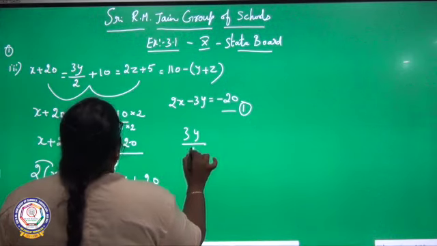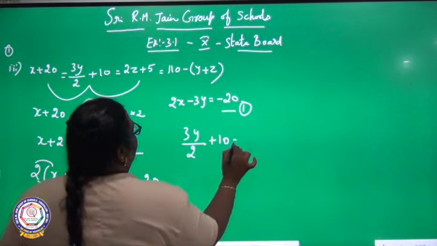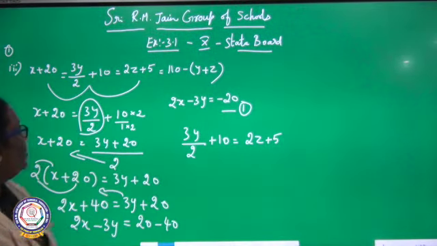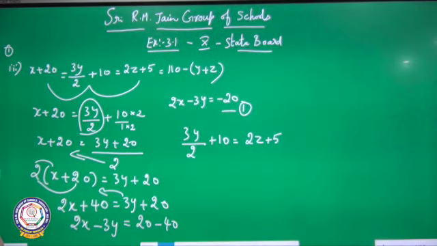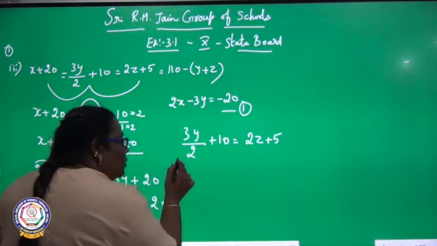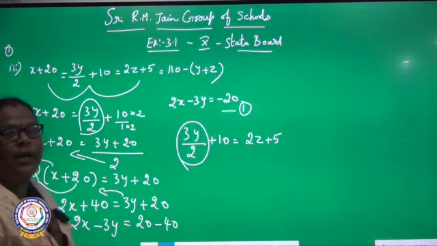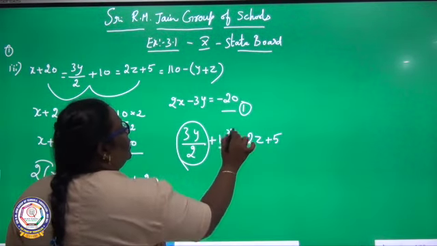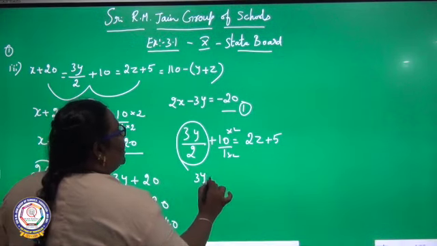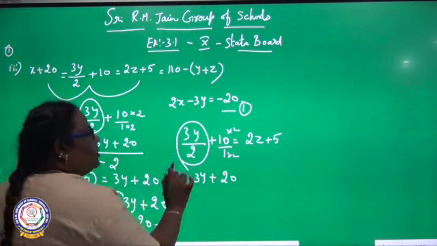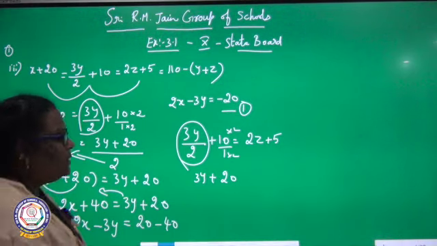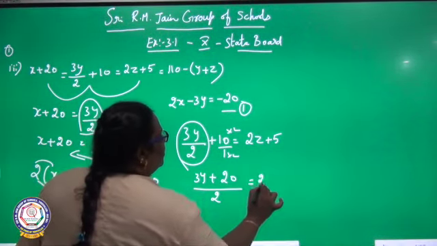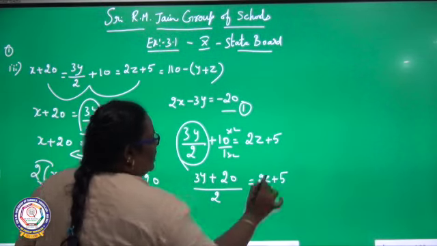3y by 2 plus 10 equal to 2z plus 5. It is also in a fraction form. You can take the LCM, 2. So 3y plus 20 by 2 equal to 2z plus 5.